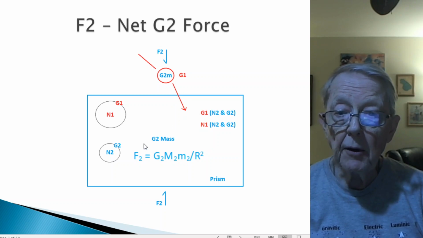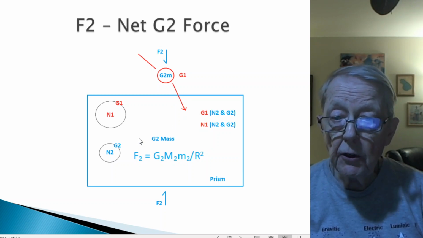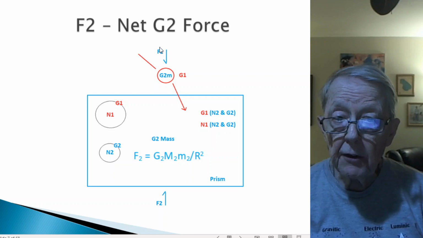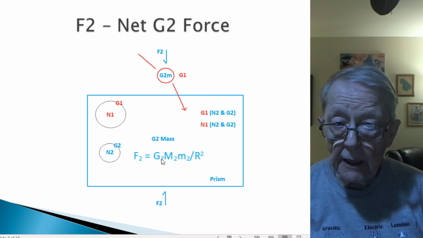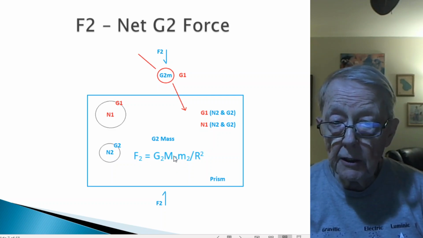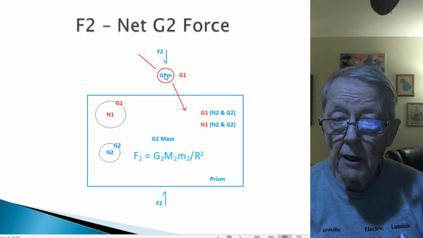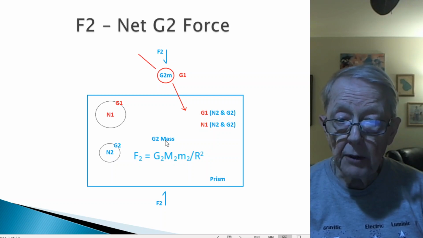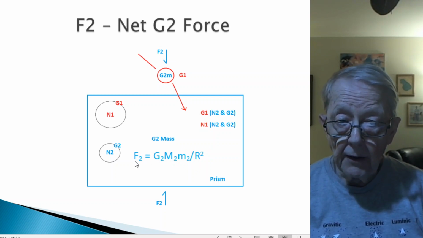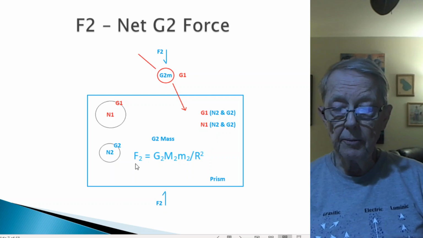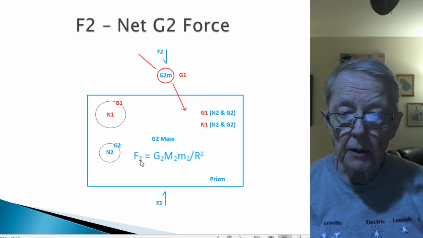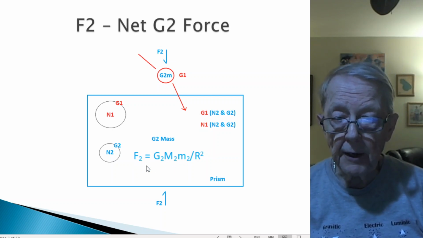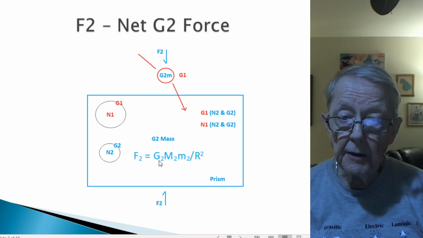In the particle model, there is an empirical equation you can use to calculate the force on this particle. It's the product of the G2 mass of the prism times the G2 mass of the G1, divided by the distance between the center of the G1 and the center of the prism, squared. The force is proportional to that product divided by r squared.